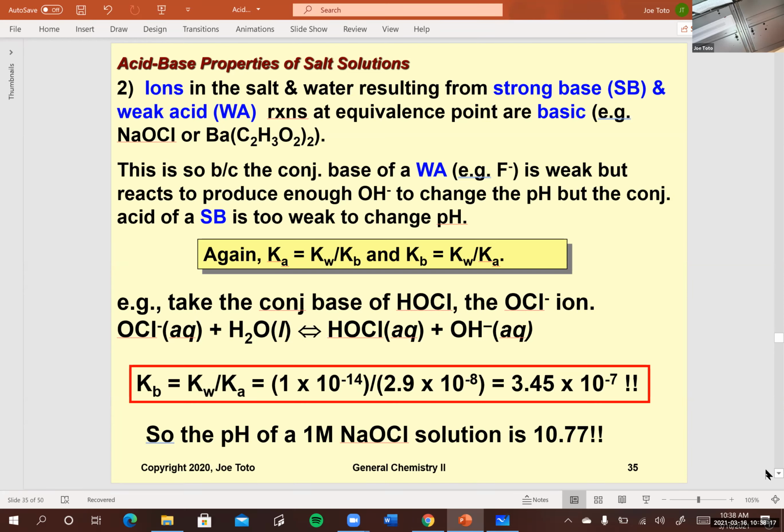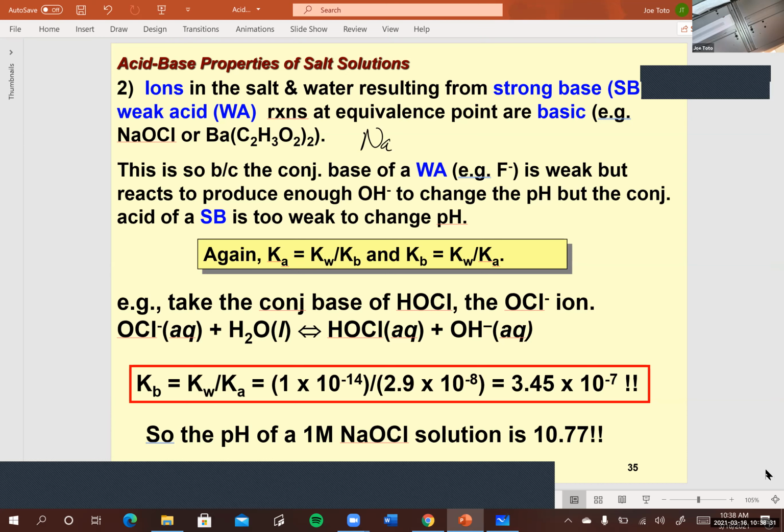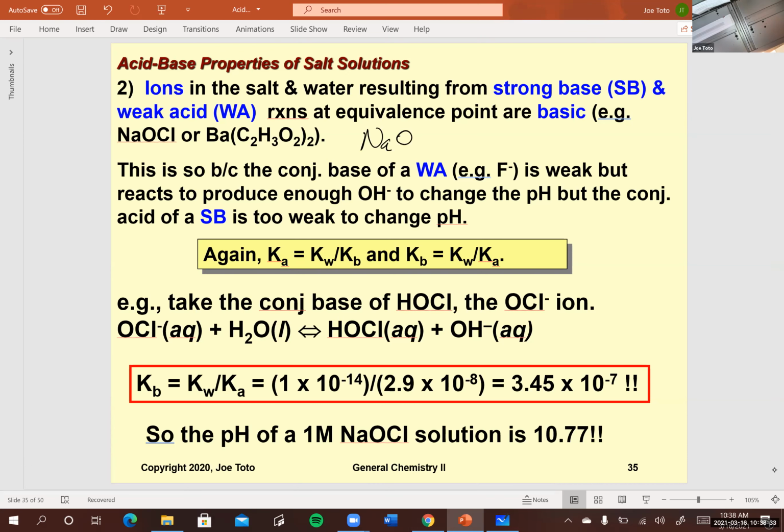Okay, so number two, this possibility. When I have a strong base, give me a typical strong base. Our strong base that we almost always use is sodium hydroxide. So there's our strong base and a weak acid. I'm just going to pick HF.